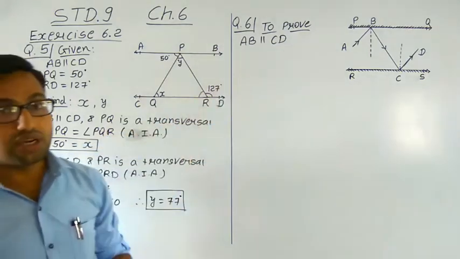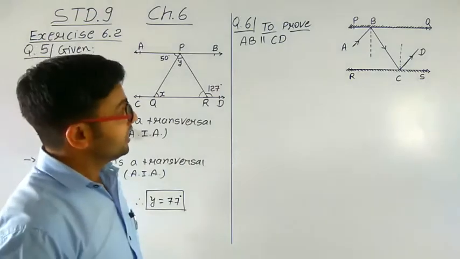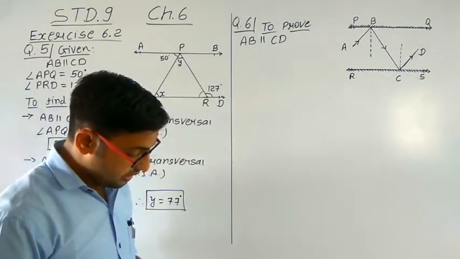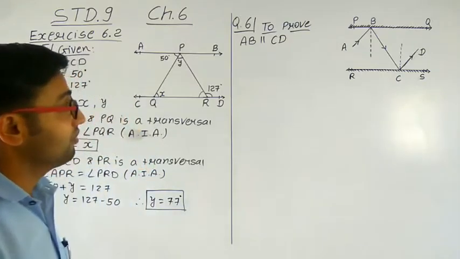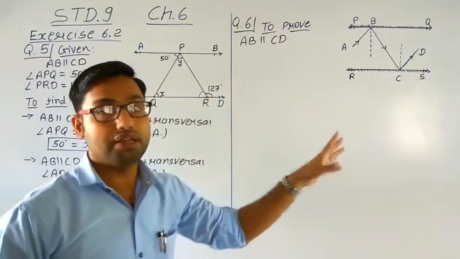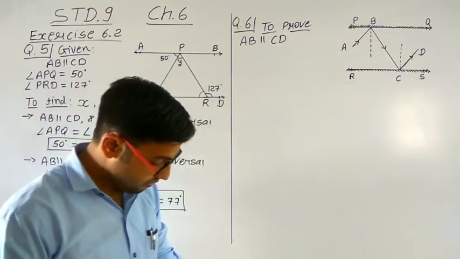Now let us study question number 6. Here also we have given one of the figures. PQ and RS are two mirrors placed parallel to each other.